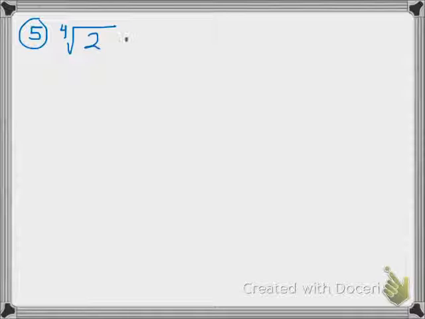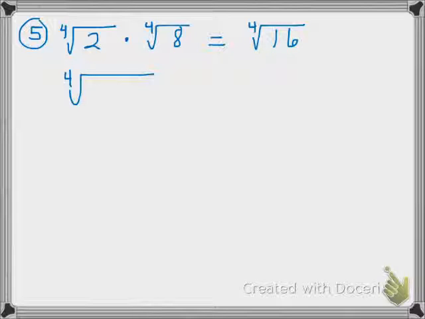When you look at number 5 from your worksheet, they both have the same 4th root because they both have a little 4. So we're going to multiply the numbers inside, which is 2 times 8, which gives me 16. Don't forget to put the little 4 out there. But this 16, I need to break it down into 2 times 2, which is 4, times 2, which is 8, times 2, which is 16.